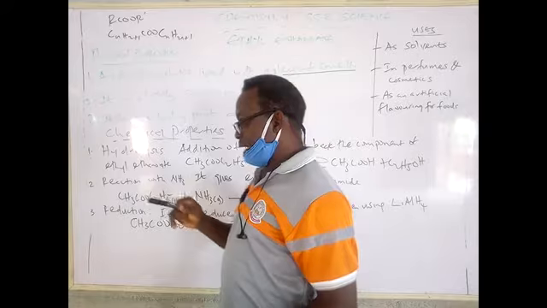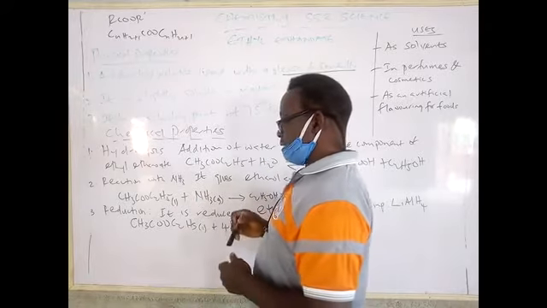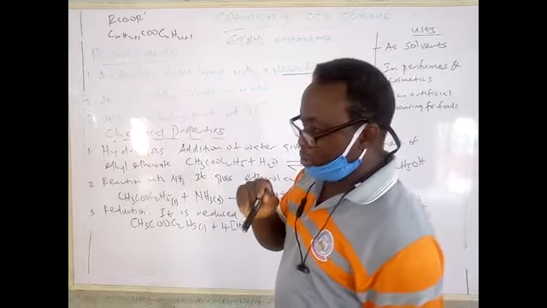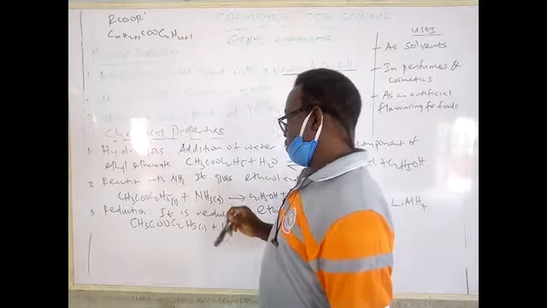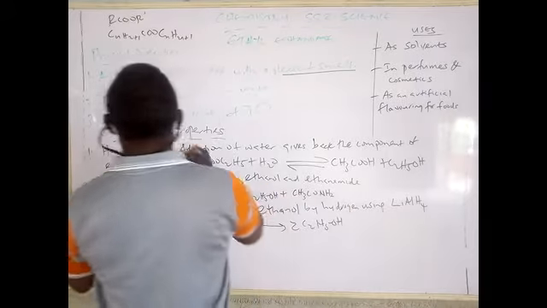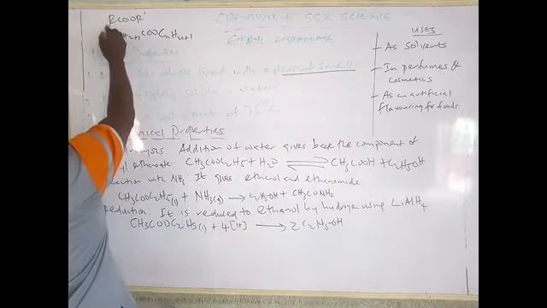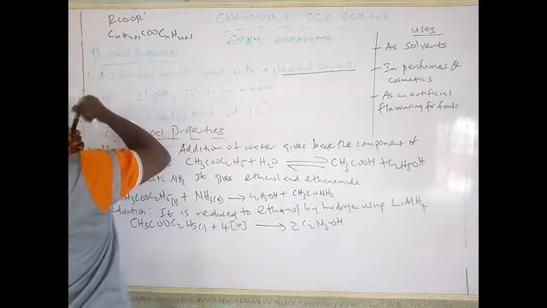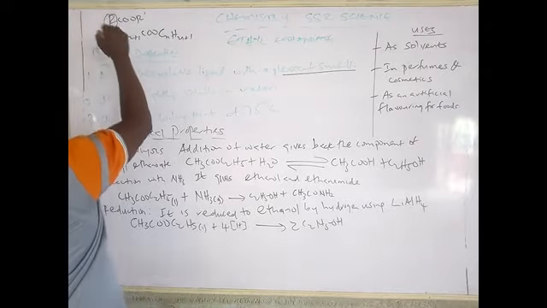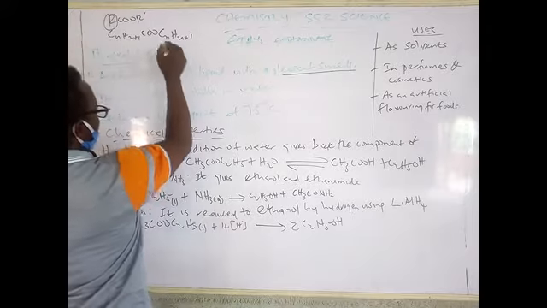If you remember, I did say earlier that it is the functional group that determines the chemical properties of a compound. So when you have RCOOR prime, once you remove the first alkyl, just remove the first alkyl, you'll be left with the functional group.